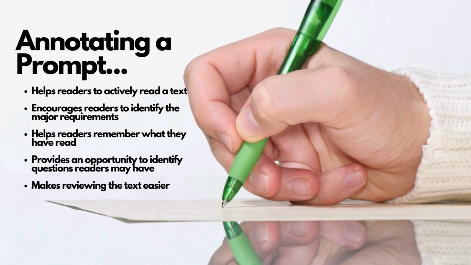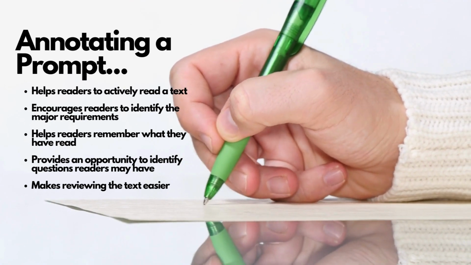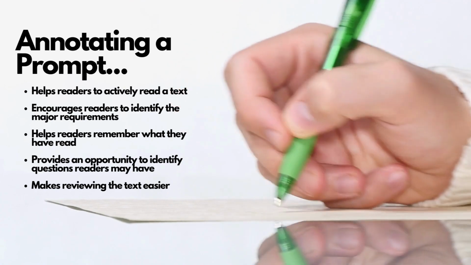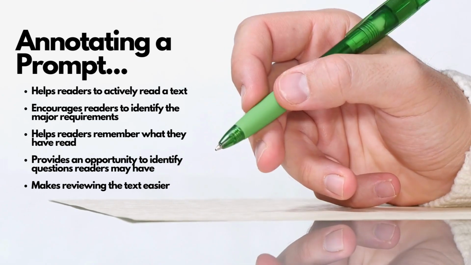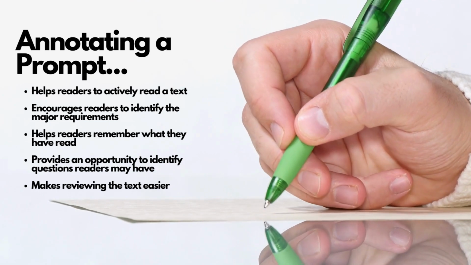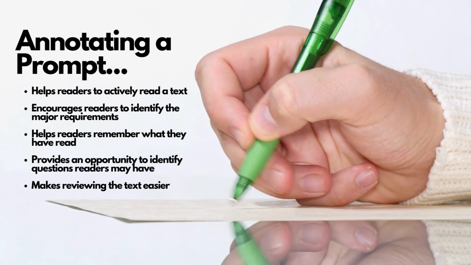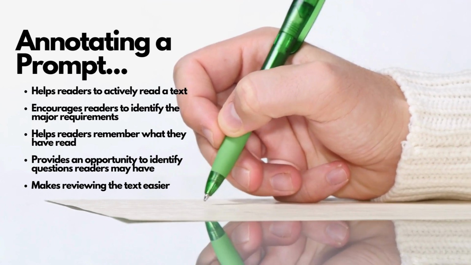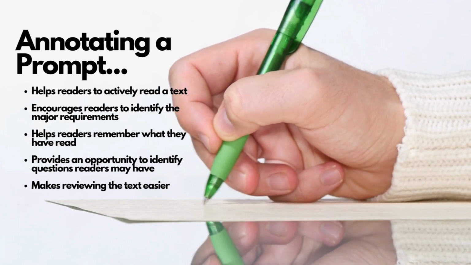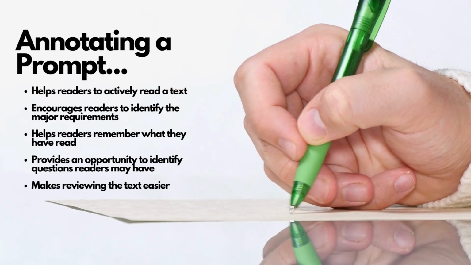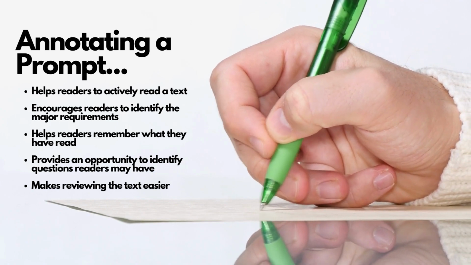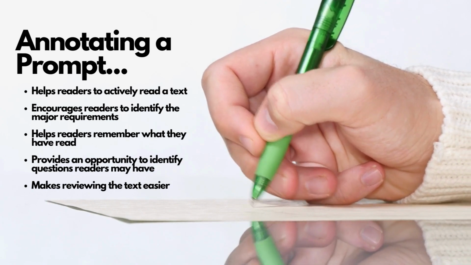It provides an opportunity to identify questions that readers may have, and it makes reviewing the text easier. So when we look closely at an assignment, at the instructions or the prompt, we can focus on what we think is most important, what we need to remember from the instructions, and maybe some questions that we might want to ask our instructor.